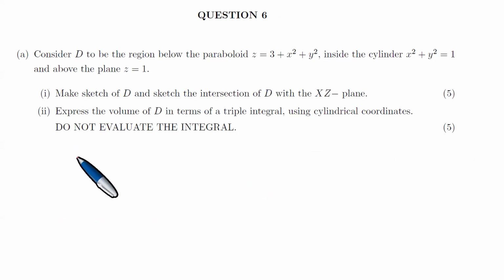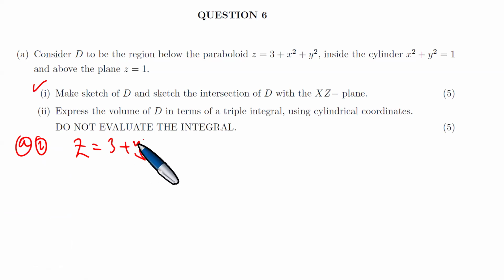Now I want us to sketch, in Roman figure 1, we have z equals 3 plus. Okay, we're taking this one. So z is this one.